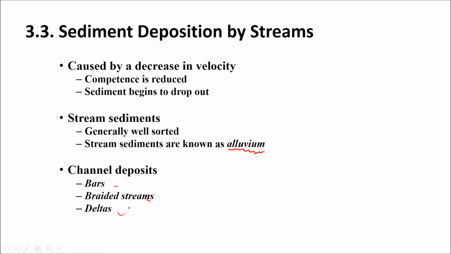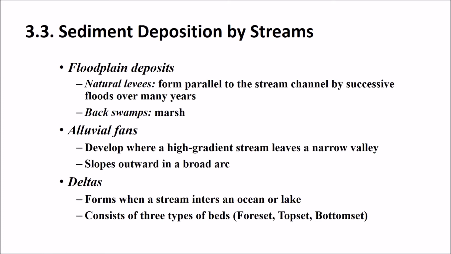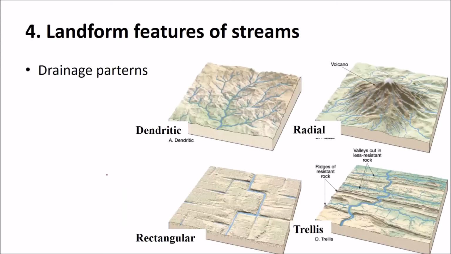So let's see how they are. And it can be floodplain deposit. It can be natural levees or back swamps. Okay, alluvial fans, deltas. How do they look? I think it's better to see them later in the figures.